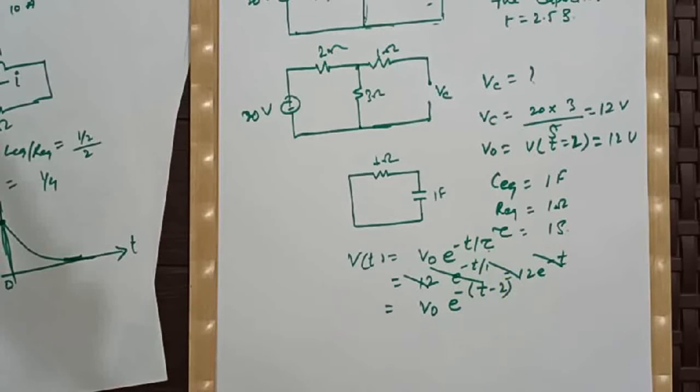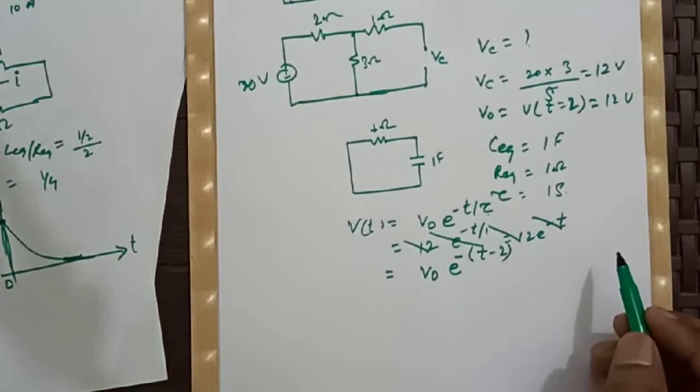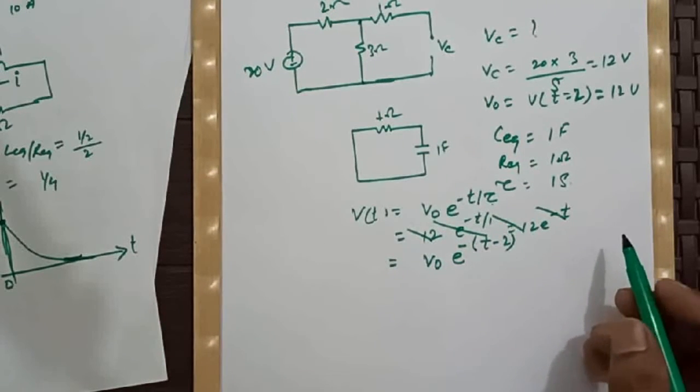Our first function f1 was starting at 0. Now if we have to shift the graph by 2 seconds, we will shift it 2 seconds to the right side. Now see, if we try to plot this graph, how will it look?